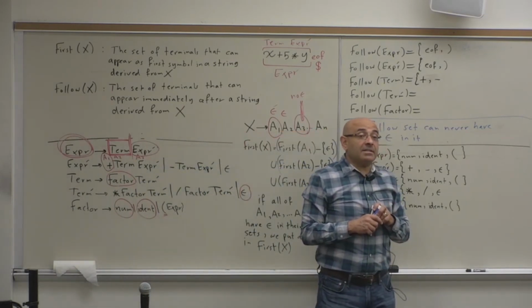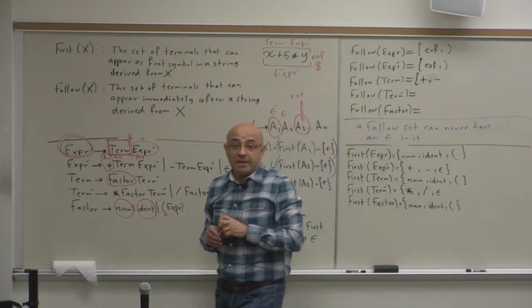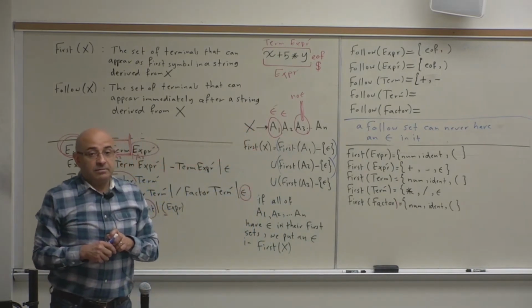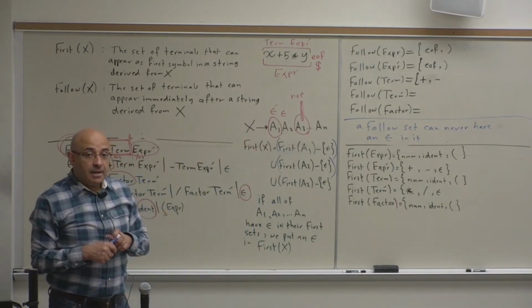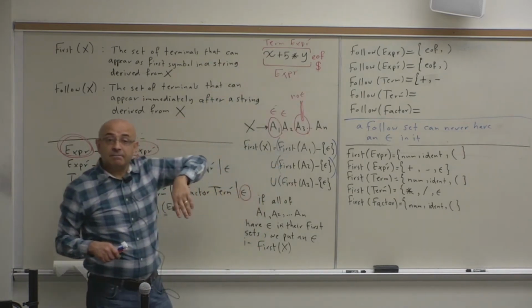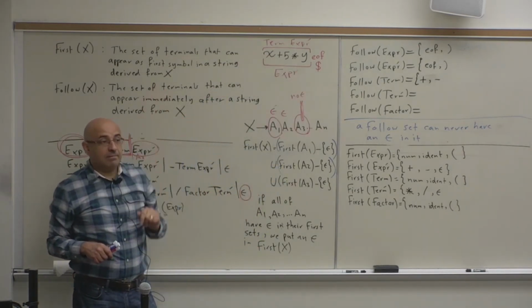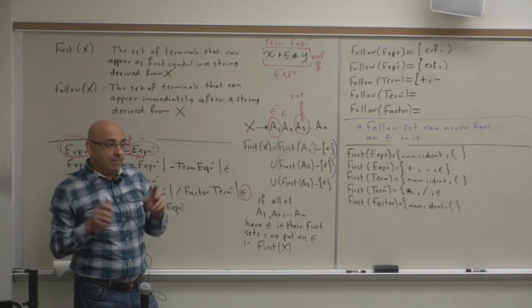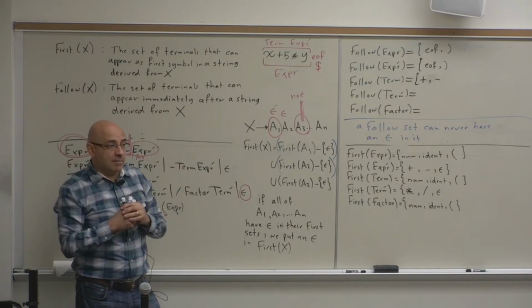Now, can a string be followed by nothing? No, it cannot be followed by nothing. Because if that string is in the middle of the big string, it will be followed by something, some other symbol.